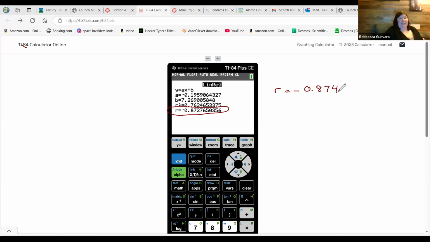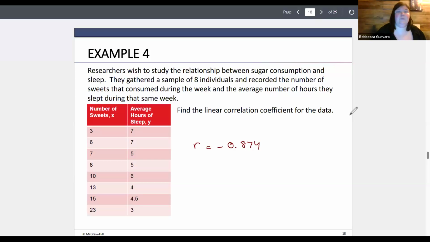So we're going to go through and explain a little bit about what these mean for us. Like, what does this mean? So this is kind of telling me a couple things. When your R is negative, it's telling me that I have a negative association. Because it's a linear correlation coefficient, it is a negative linear association.